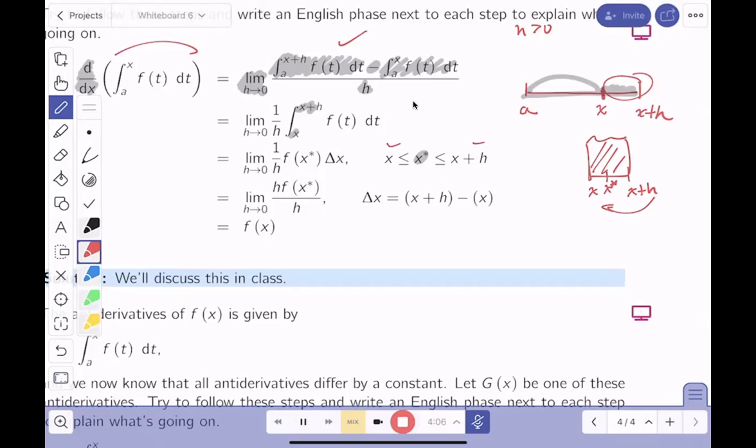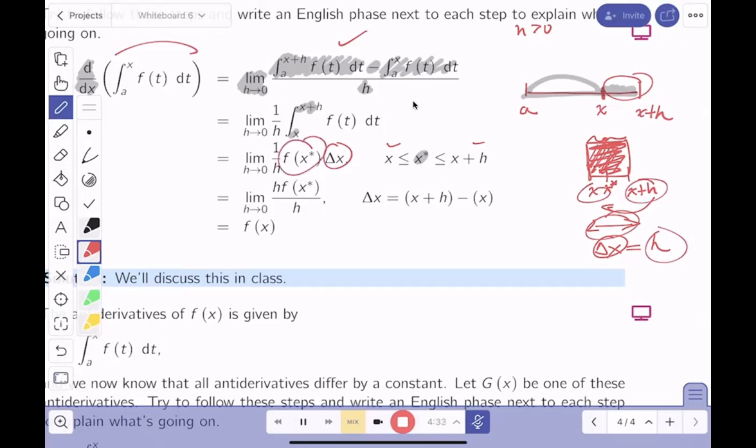That seems reasonable. And then they go on to say that, well, if that's true, there would be an area there for me to compute. There would be an area there. And what's that area going to be? f of x star times this delta x. And what's a delta x? The delta x really just is h. That's all it is. So they write that down.